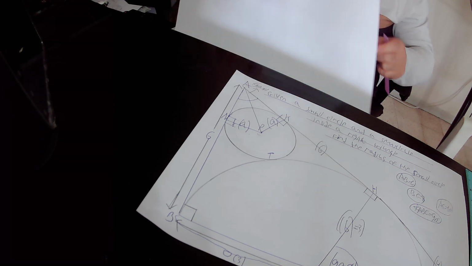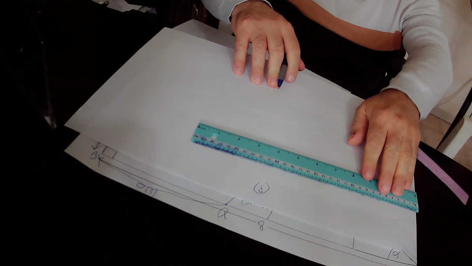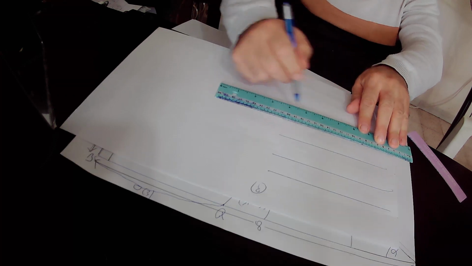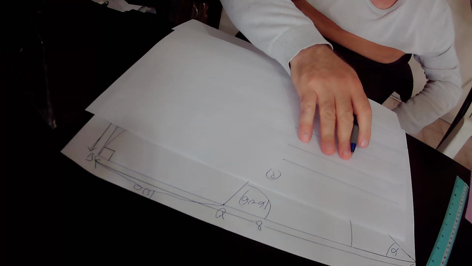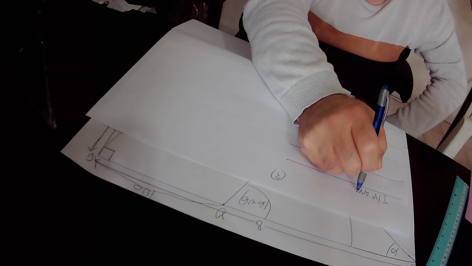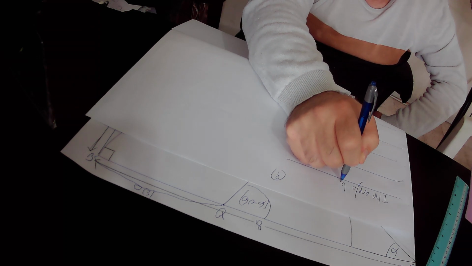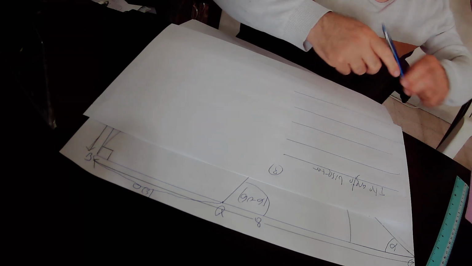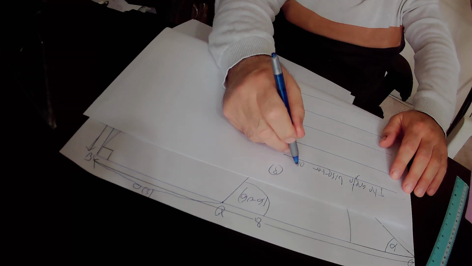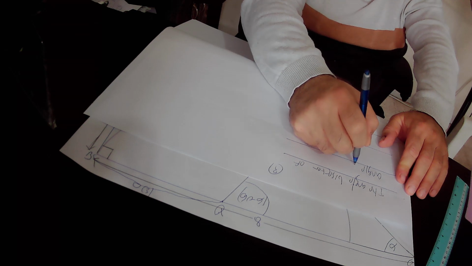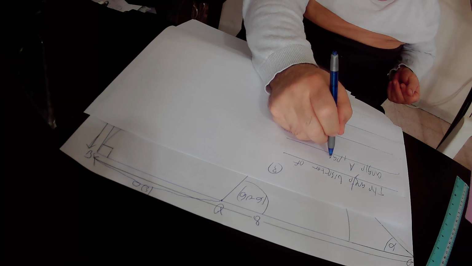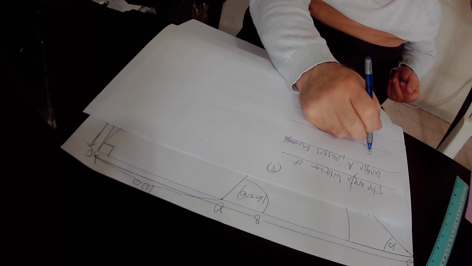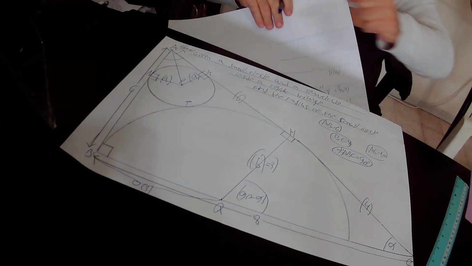We actually found out that the angle bisector of angle A passes through point P of this small circle.